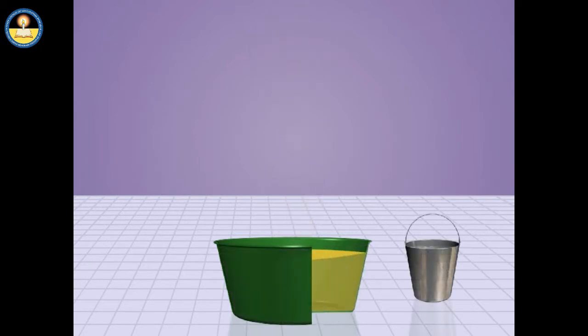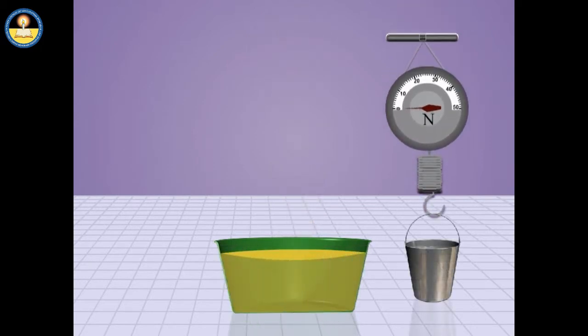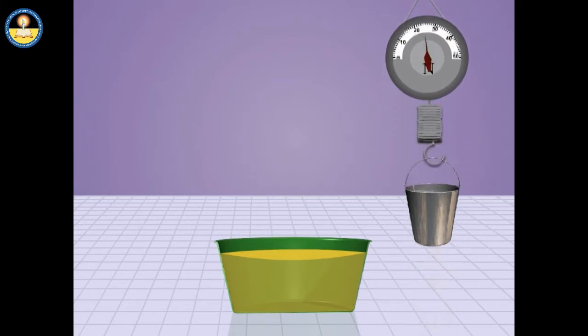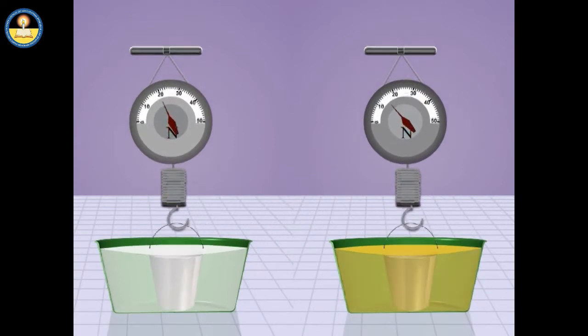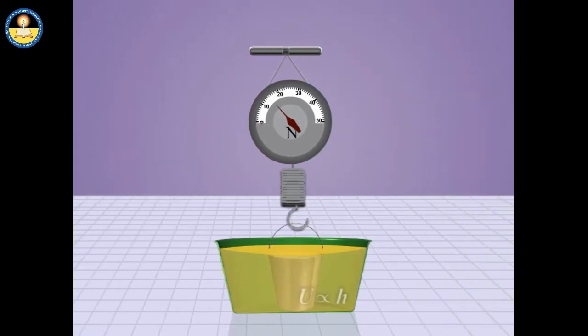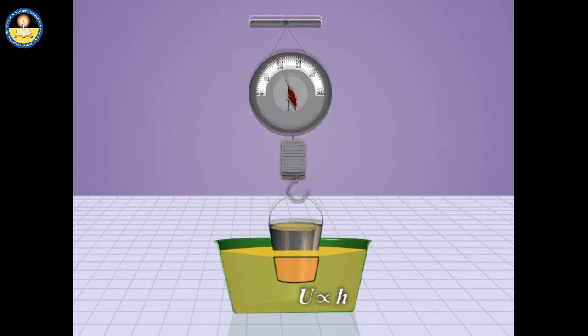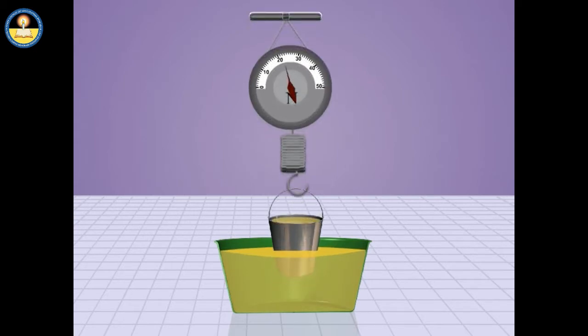If we repeat this activity in a different liquid, the loss in weight of the object comes out to be different as compared to water. It indicates that when an object is immersed in a liquid, its weight is reduced, and that depends upon the density of the liquid as well as the height of the object placed under the liquid.